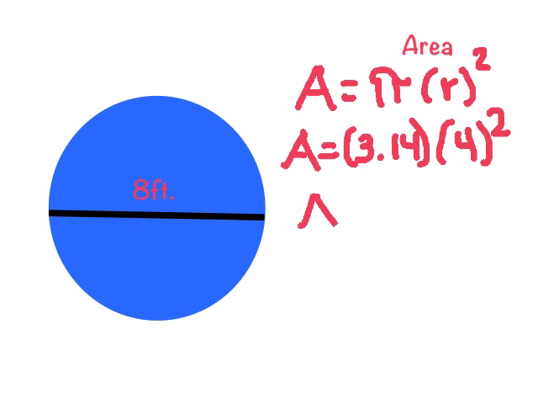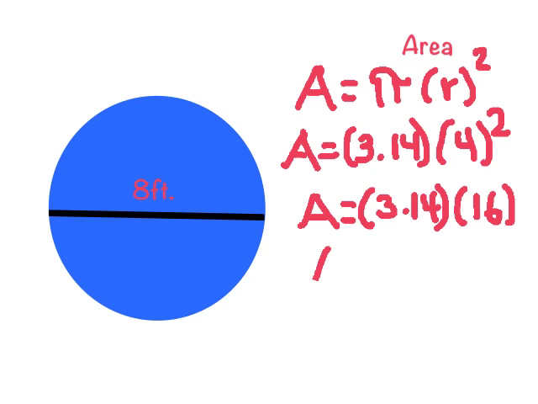Now, this is where it gets a little tricky because we have to use the order of operations. Remember, exponents come first. So I'm going to solve the exponent part first. I'm just going to bring down my numeric representation of pi, 3.14, and square 4. That means 4 times 4 is 16.